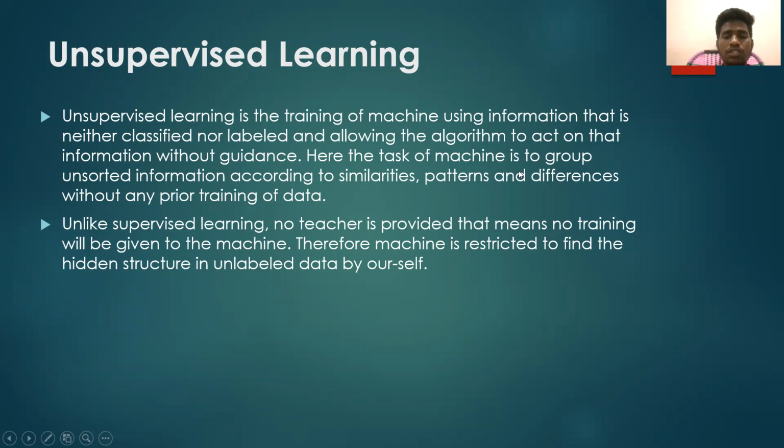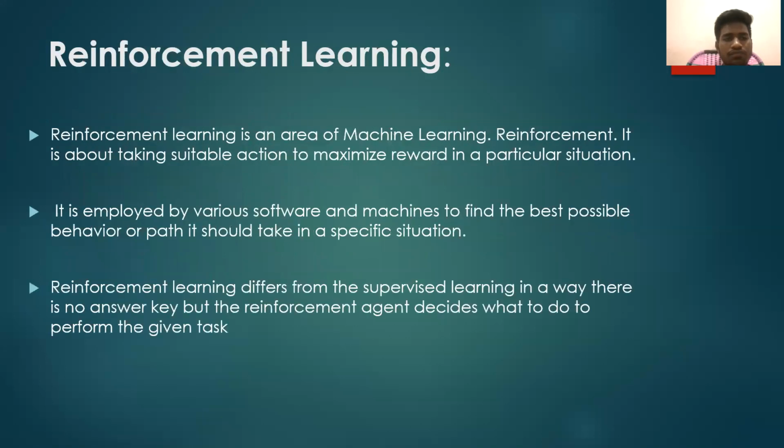Here, the task of the machine is to group unsorted information according to similarities, patterns, and differences without any prior training of data. Unlike supervised learning, no teacher is provided, which means no training will be given to the machine. Therefore, the machine is restricted to finding the hidden structure in unlabeled data by itself.